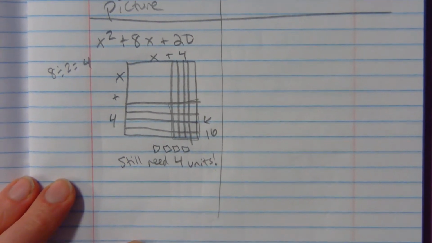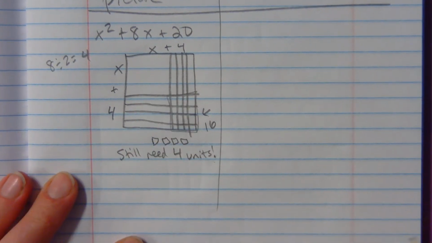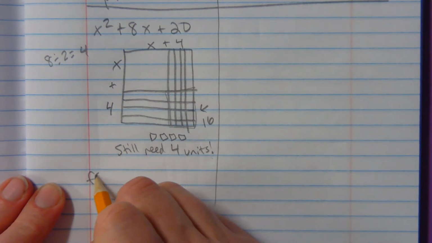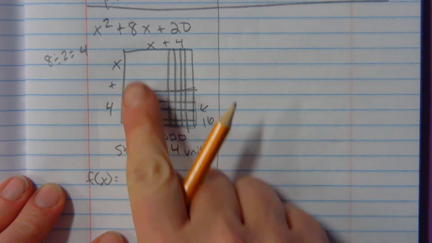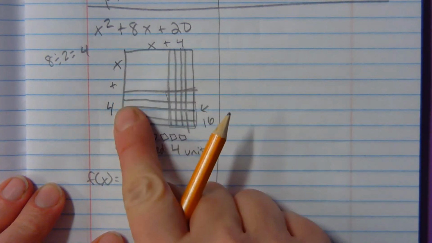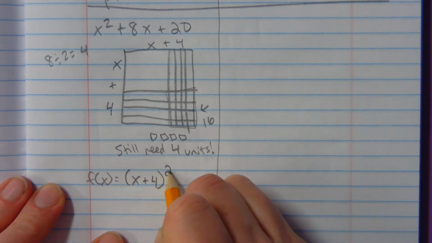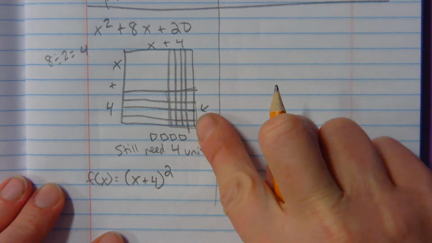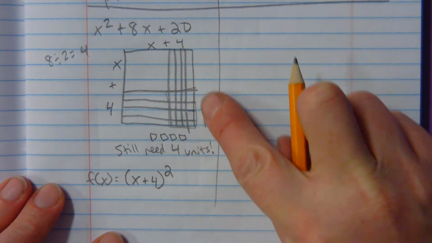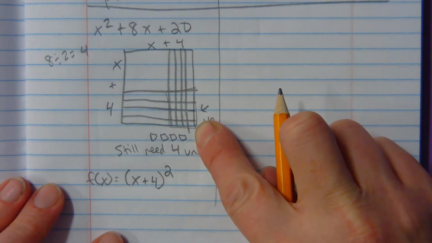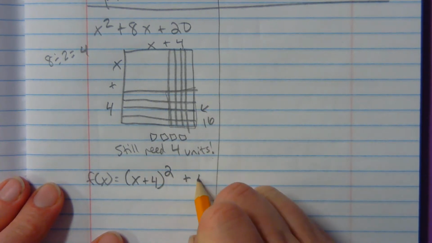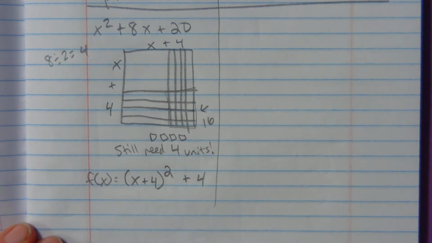That's it. Then I do the same thing that I did before to go to vertex form. My side lengths are x plus 4 and x plus 4. So I square that, which gives me the 16 units, and I have 4 left on the outside, so I just go plus 4.